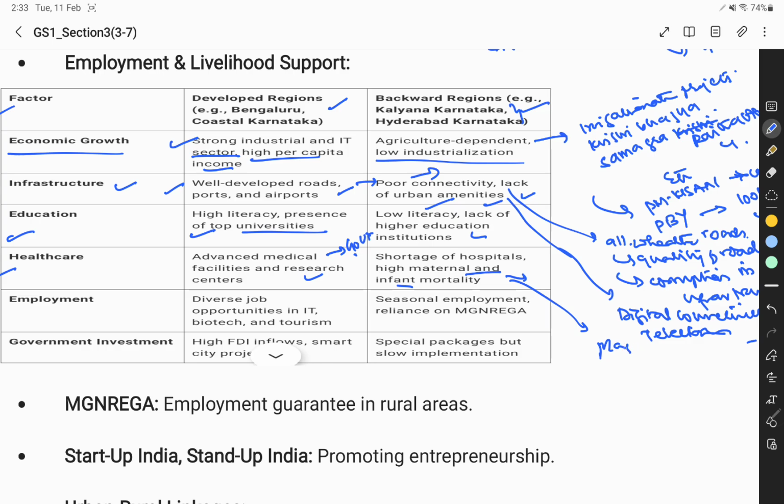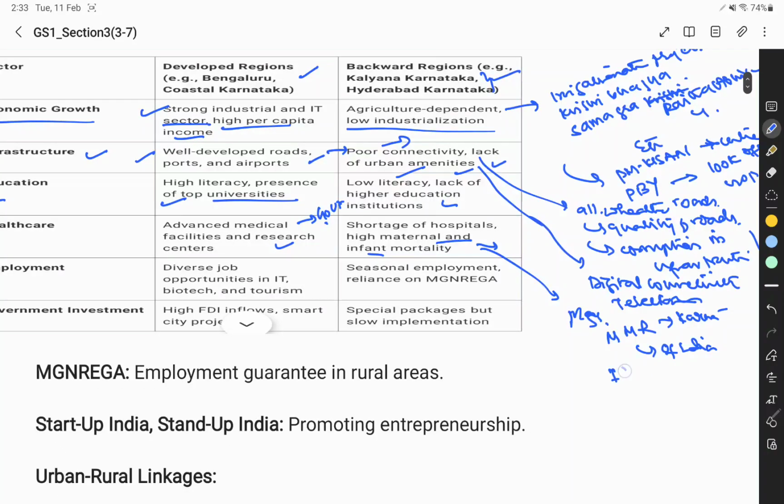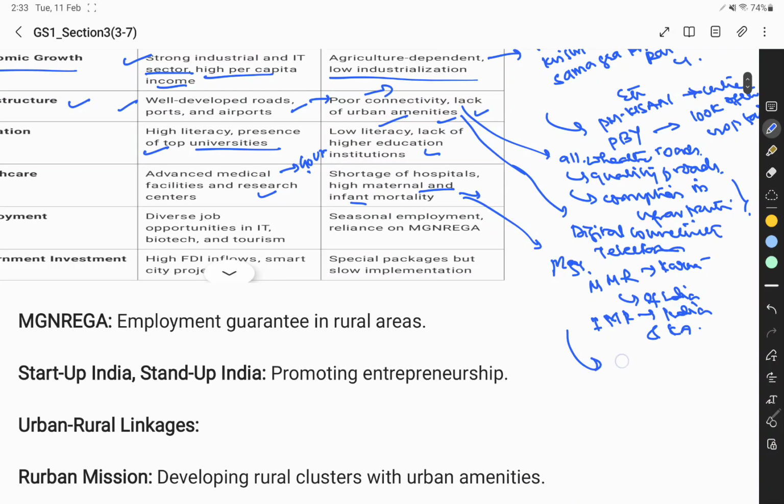Please comment what the maternal mortality rate of Karnataka and of India is. At the same time, the infant mortality rate of India and Karnataka, and what are the steps in reducing these numbers.